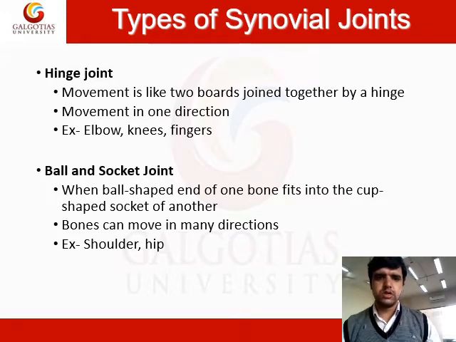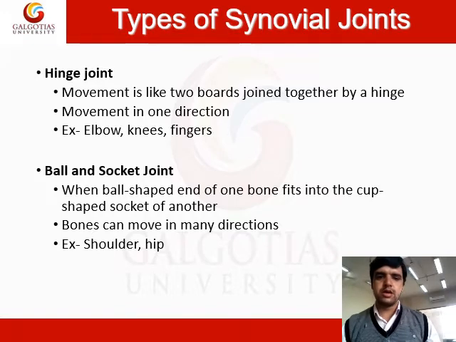The hinge joint is a type of joint where the movement is like 2 boards joined together by a hinge. For example, in a door, there are 2 panels: one is straight and the other is the door, joined by a hinge. So the movement is possible only in one direction, either forward or backward.